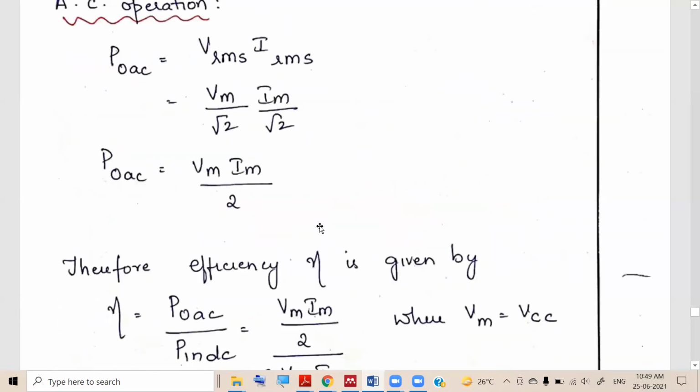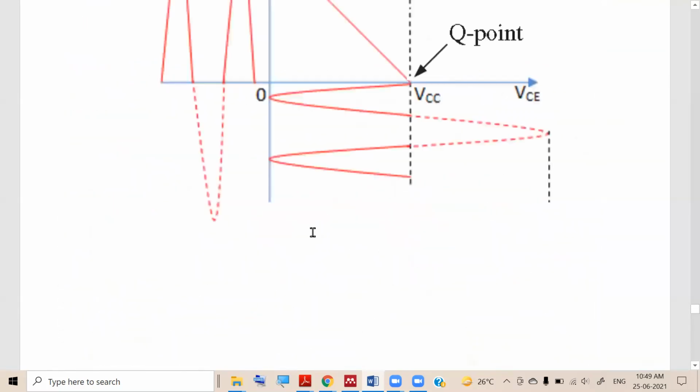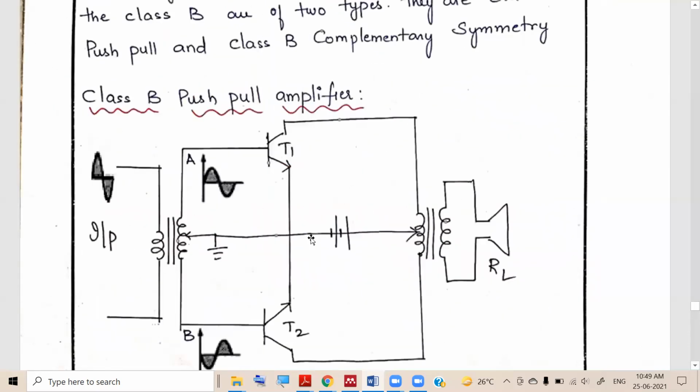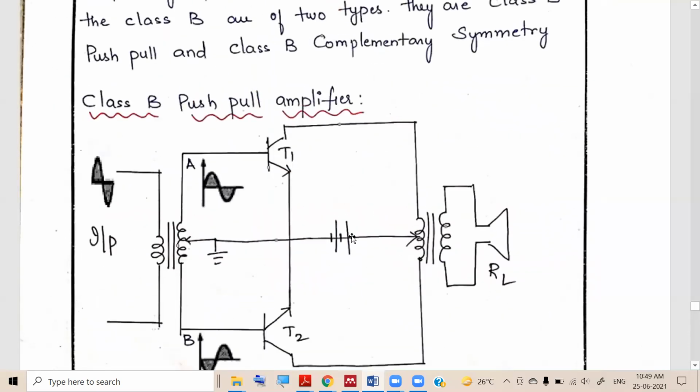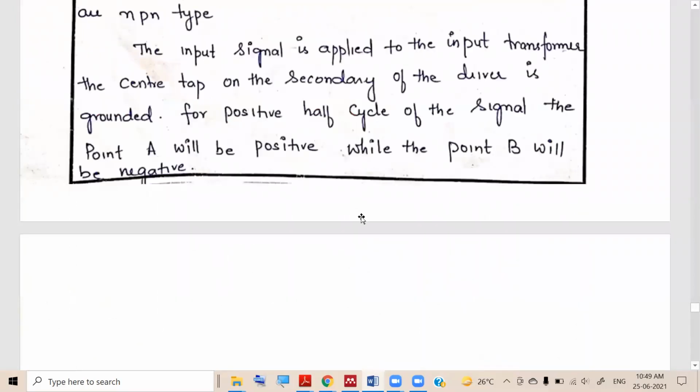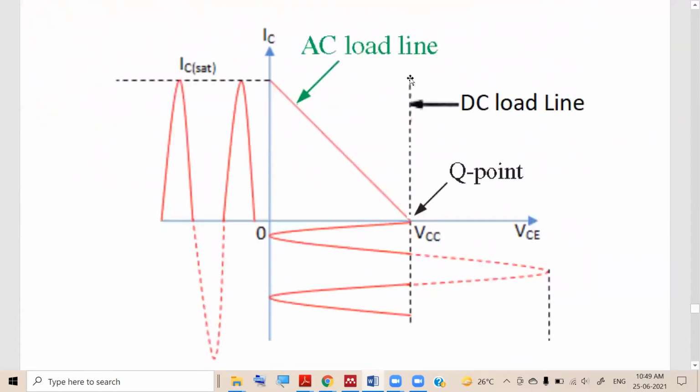Here also, in the first circuit, class B push pull amplifier, VCC is directly connected to collector. Okay. So because VCC is directly connected to collector, we have VCC is equal to VCE. So that is the DC load line. Okay, we have discussed, right?